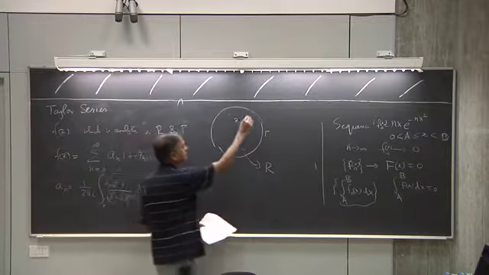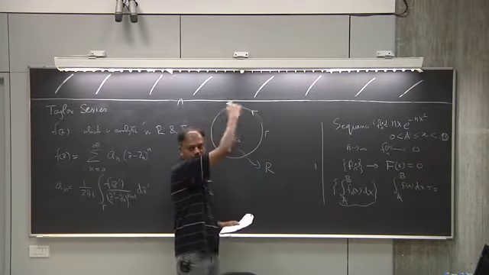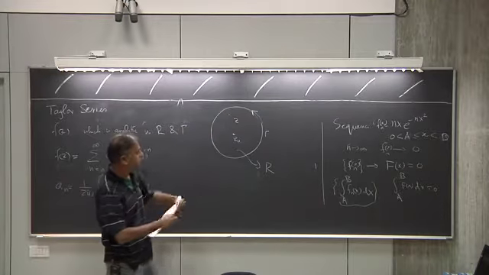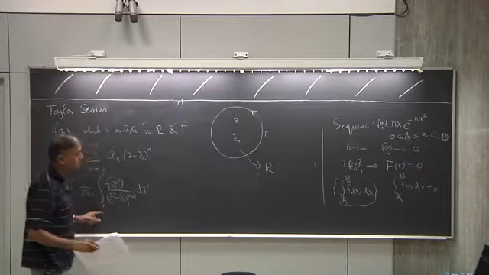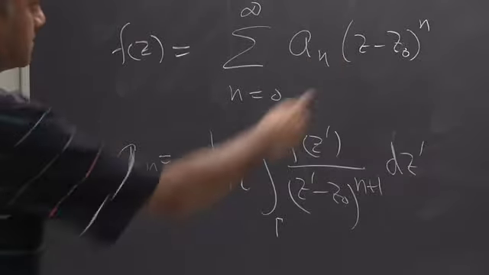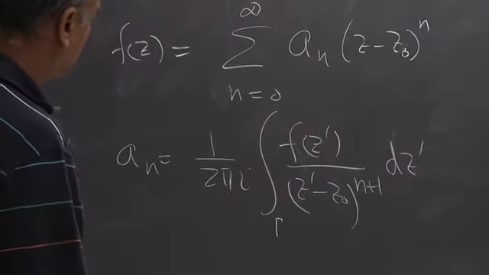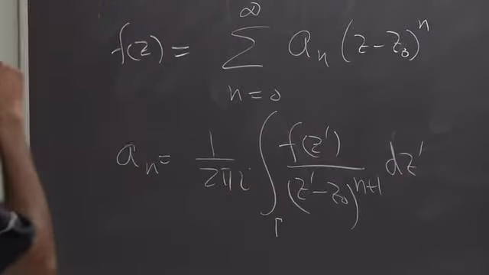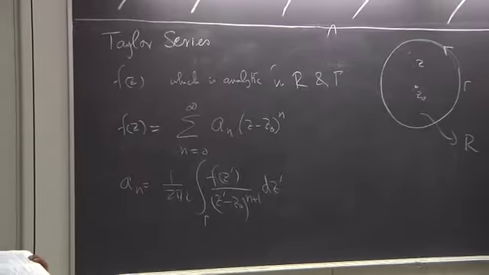I will always choose the path counterclockwise, because when you specify the contour, you also have to specify the direction in which you are integrating. So, this is the direction. Right.